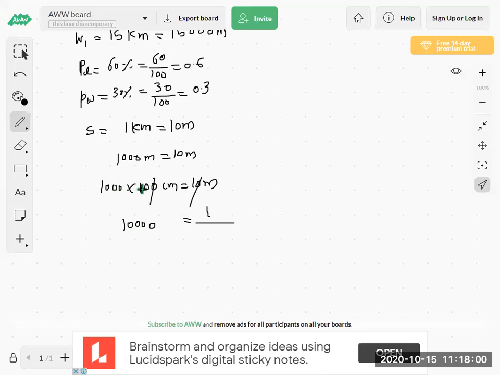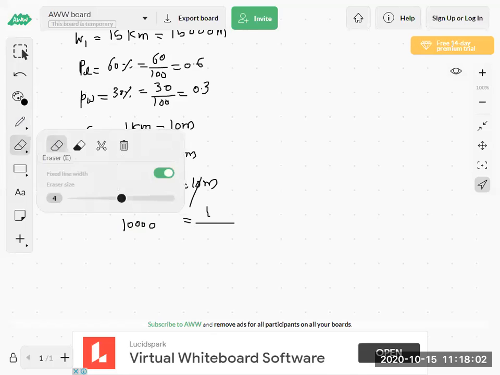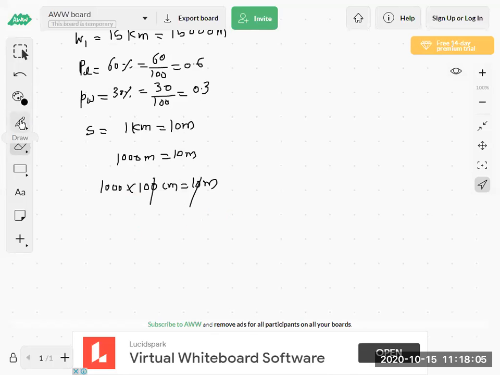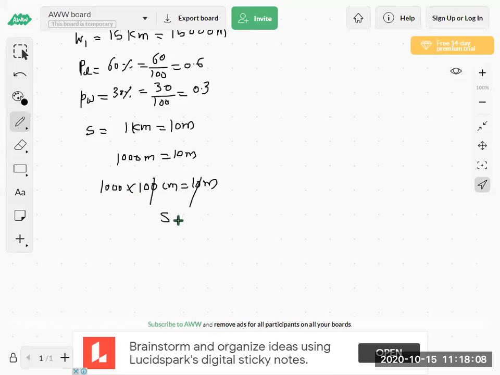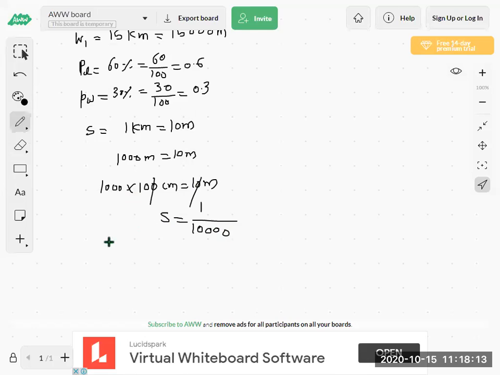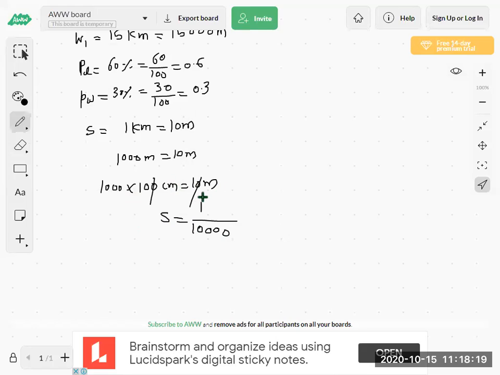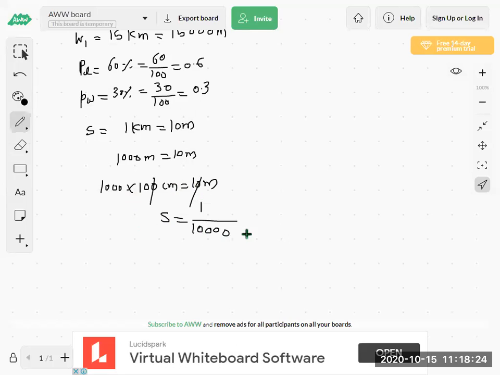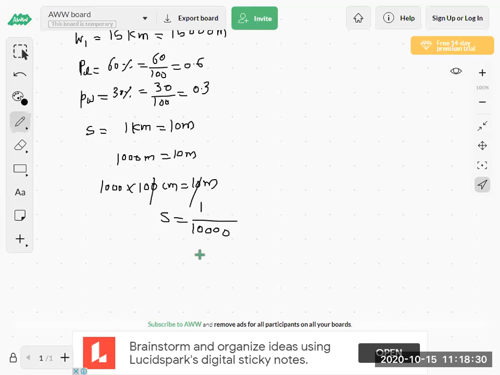This value is 100 into 10, which means 10,000. So now the scale of photograph S is equal to 1 divided by 10,000. We have converted from meter to centimeter. Are you getting? So now this is the scale, 1 in 10,000. One dimension we have converted into centimeter, because actually our measurement on the photograph is in centimeter.